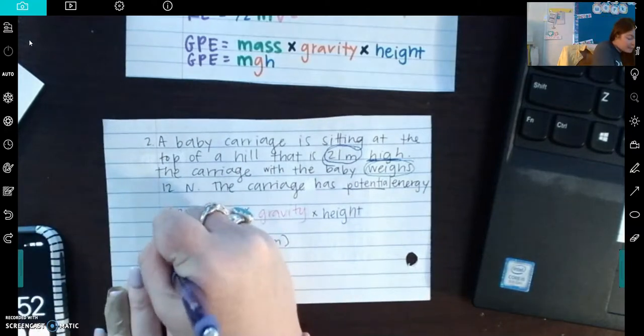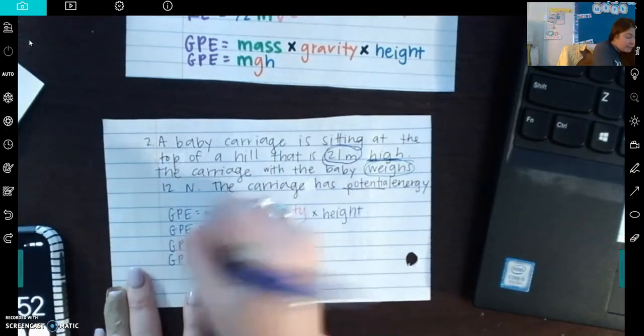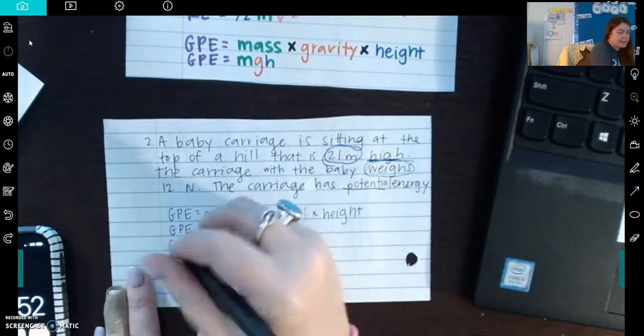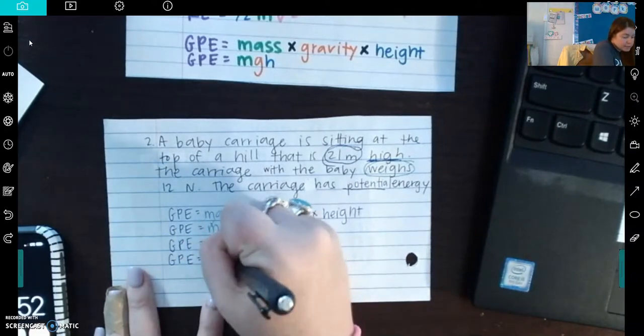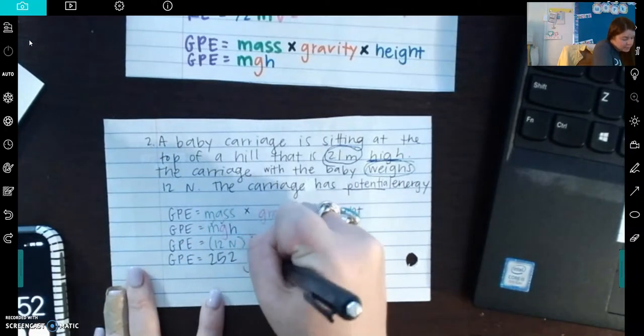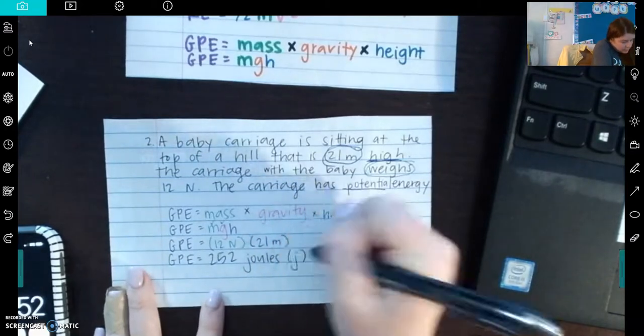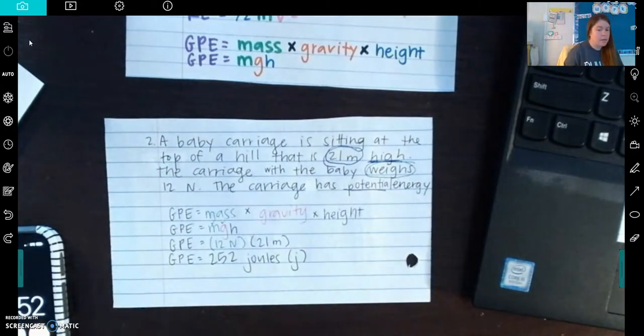So my gravitational potential energy in this scenario is going to be 252 joules of energy. We're going to do one more example, but go ahead and pause the video if you need to in order to copy down any steps that you missed.